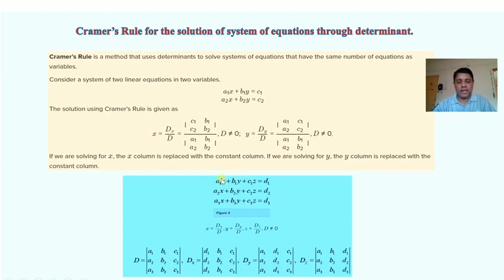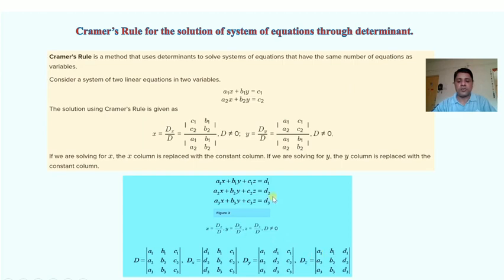When we are talking about x, here we will put the right-hand side d1, d2, d3, and the remaining two will be as they are. When we are talking about y, this dy will be replaced by the constants on the right-hand side, d1, d2, d3, and the rest will be the same.